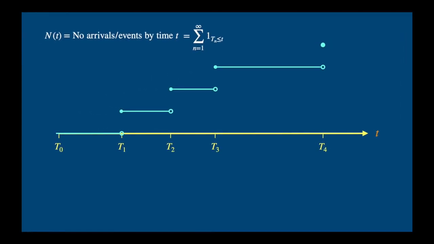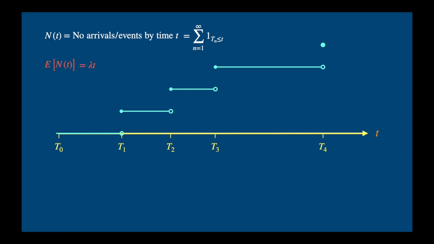Let's see the details. Let's bring back the simple Poisson process visual we saw earlier. So it is just the count of the number of events over time starting from the origin. Now we know that the expected value of the Poisson process is lambda times the length of the interval, essentially the rate of arrival per unit time times the length of the time interval.